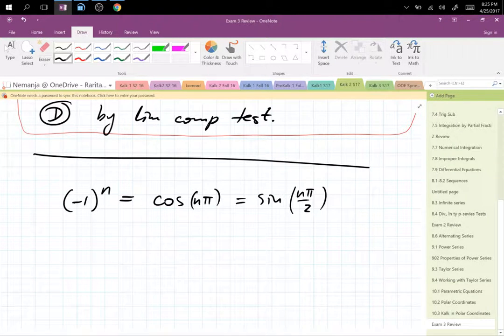What do you do with sine n or sine 3n or sine n squared or sine 1 over n or sine 1 over n squared plus 3? You just ignore it, like it's not there, because it goes from minus 1 to 1. That really can't mess up your overall divergence or convergence.